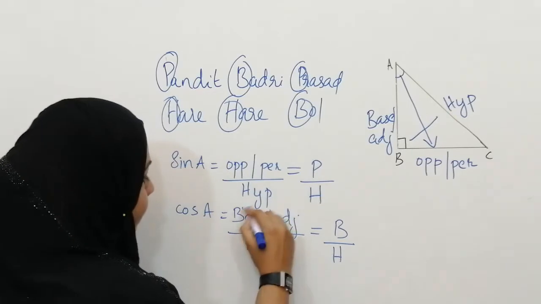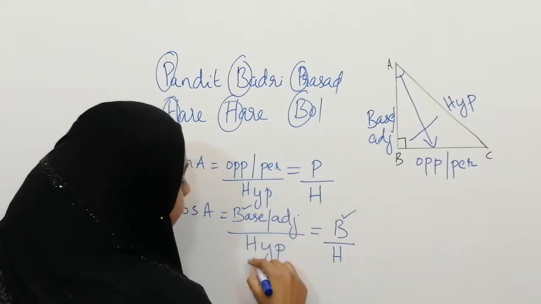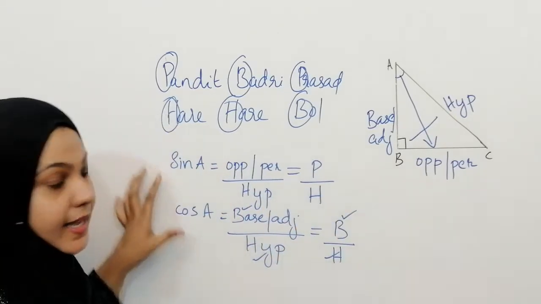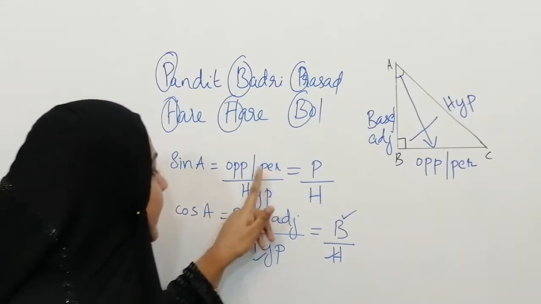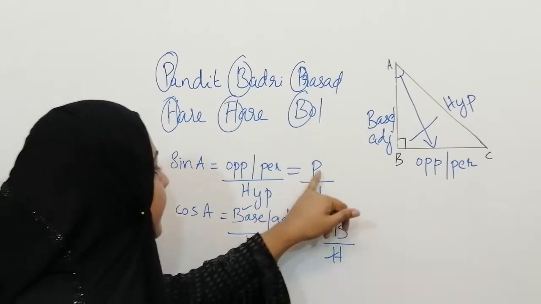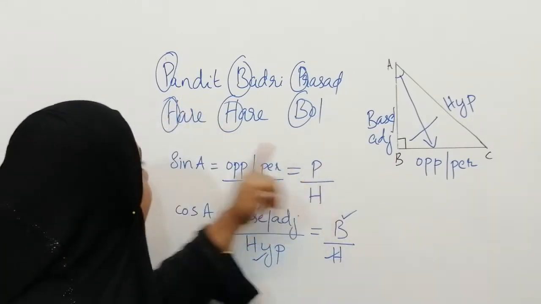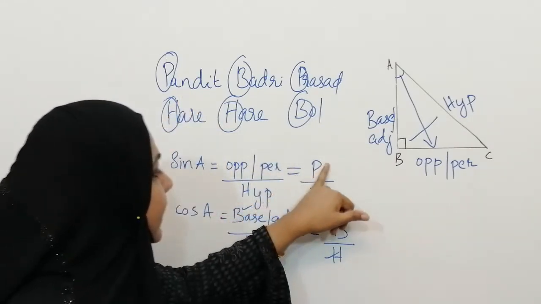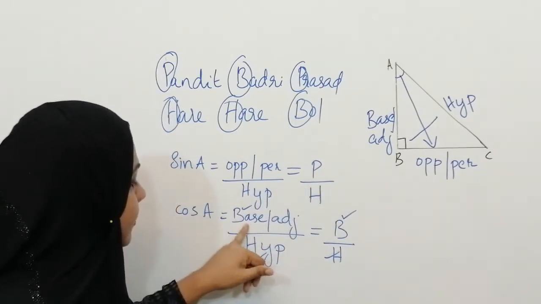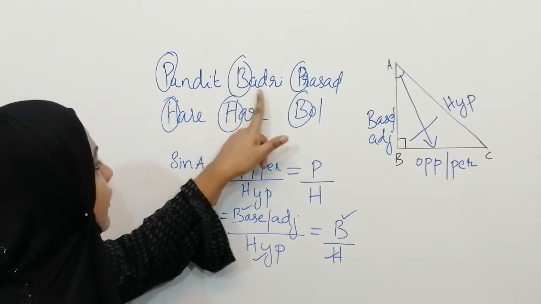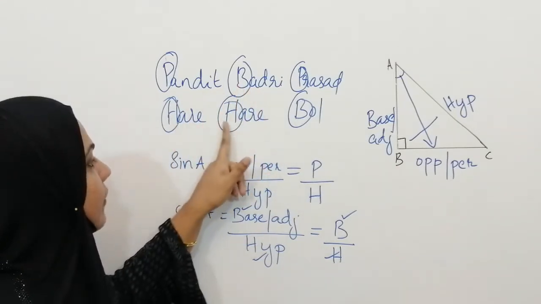H. So here B is base and H is hypotenuse. First, sine A is opposite or perpendicular to hypotenuse, so the first letter of Pandit, P, and the first letter of Hare, H: P upon H. Similarly, cos means base to hypotenuse, so the first letter of Badri is B and the first letter of Hare is H.